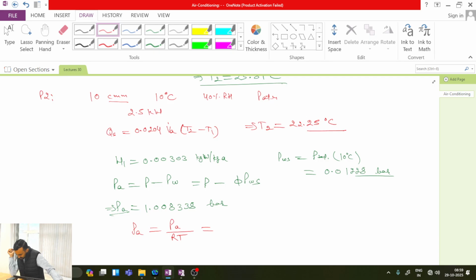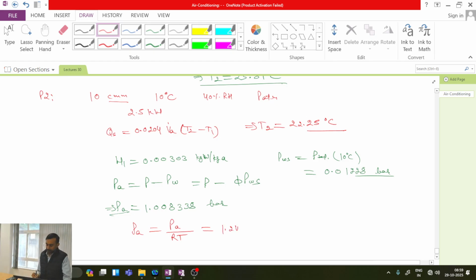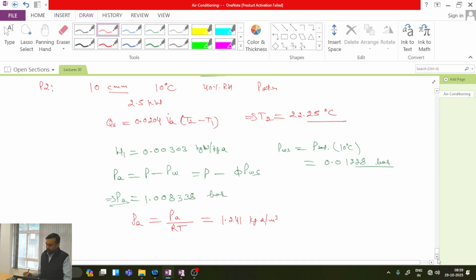Please do calculations fast. 1.241 kg of dry air per meter cube.